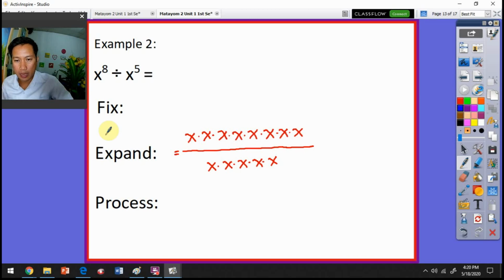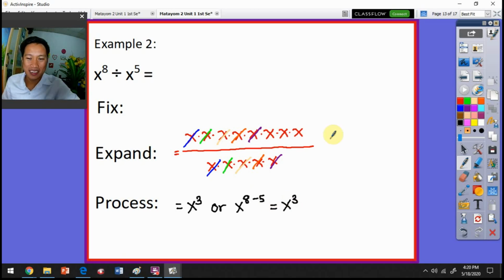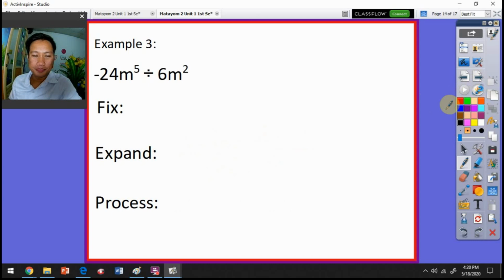So we cancel all the x together, and the process here gives us x to the power of 3, or based on our rule, 8 minus 5 is equal to x to the power of 3. Very easy, very simple.